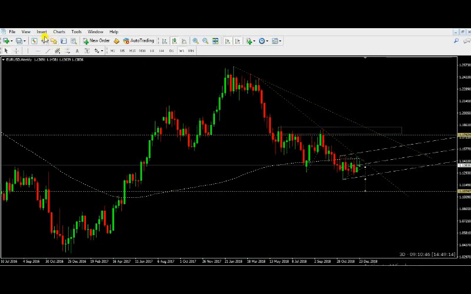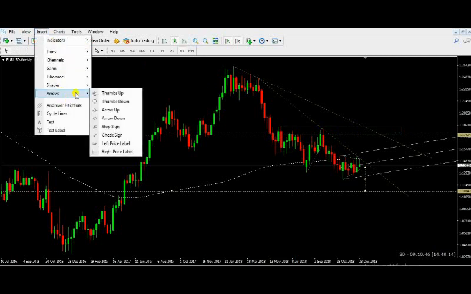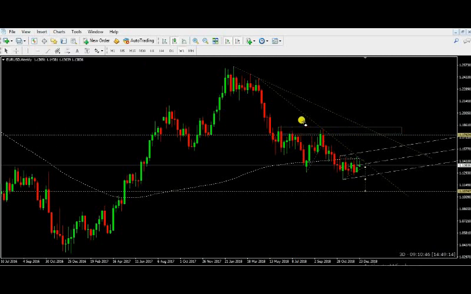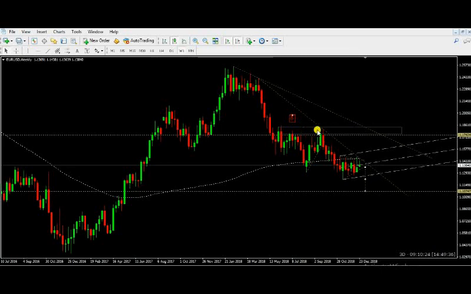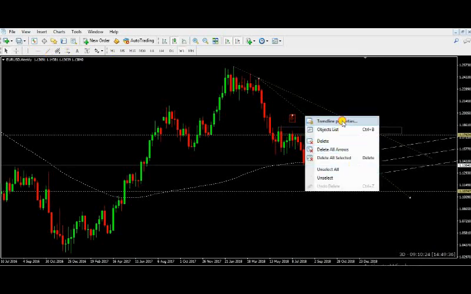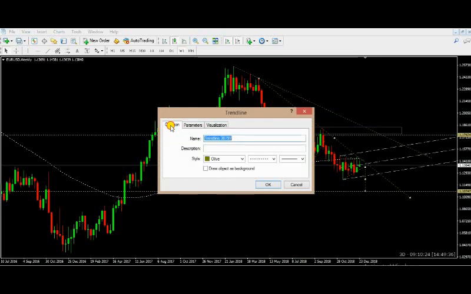So here I'm just drawing some trend lines to show you what is already the dominant direction of the trend. As you can see here, this entire huge area has been breaking down, and it has been going in the downward direction. So here, let me just thicken this line.